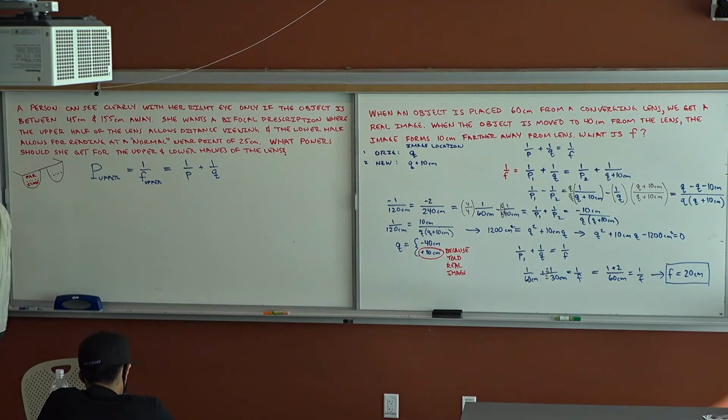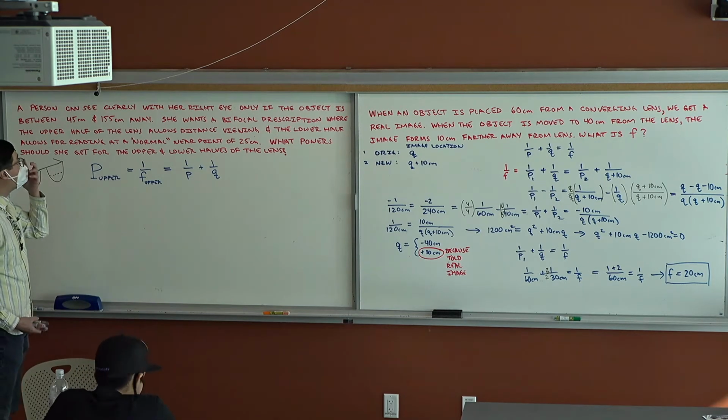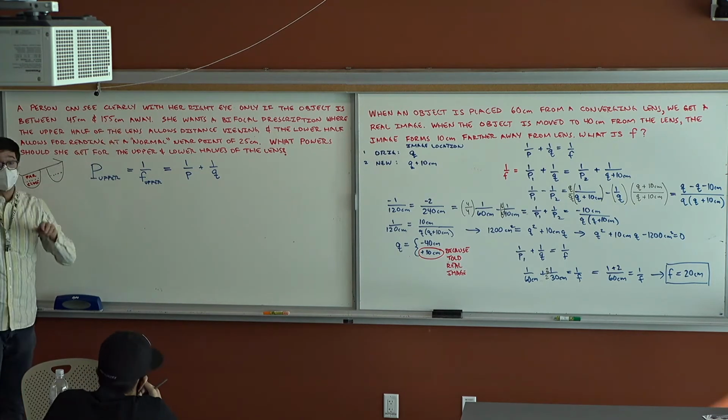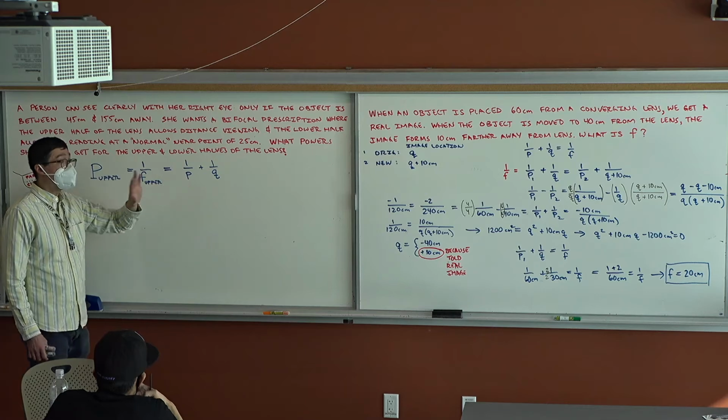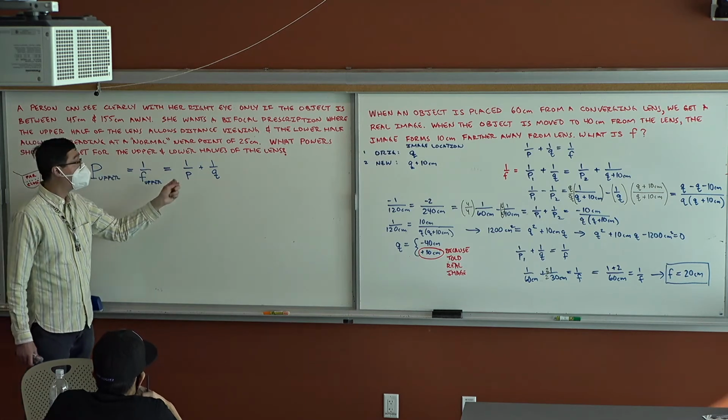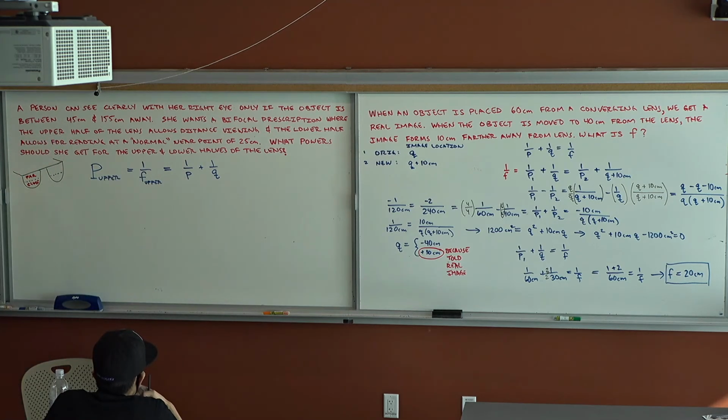For the upper part of the lens, what is she trying to look at? Something far away. We want her to be able to see things that are further than 155 centimeters away, things that are very, very far away. So what's a good approximation for P? Infinity.